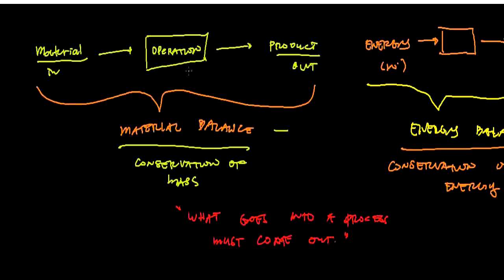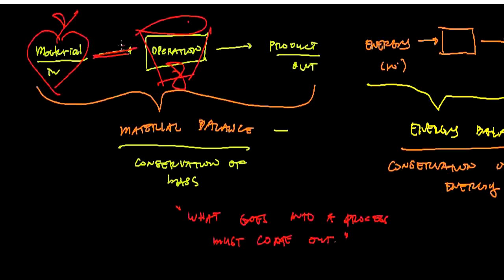Once again, in food processing operations, say this is our operation, then we have the quantities of material that is being processed, and we have the product as an output after being processed in this operation. So this can be described using the material balances, which follow the conservation of mass that says that what goes into a process must come out.